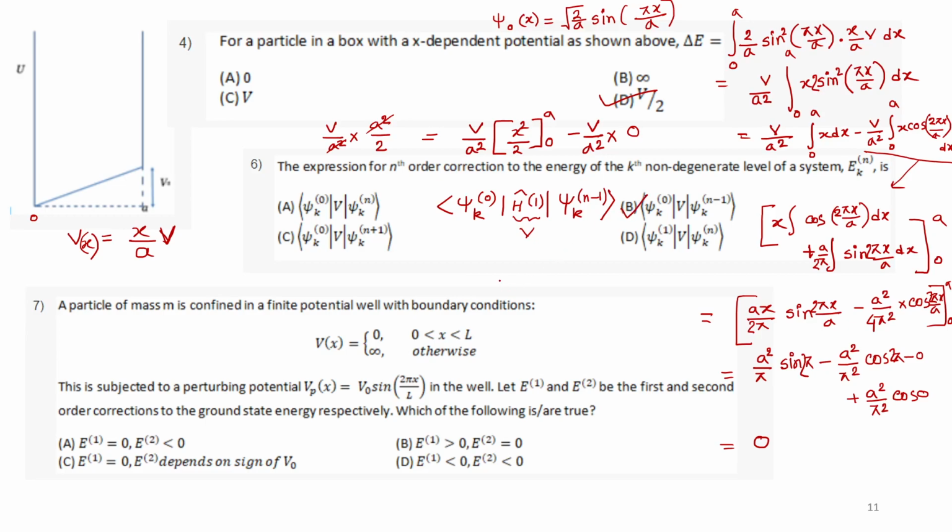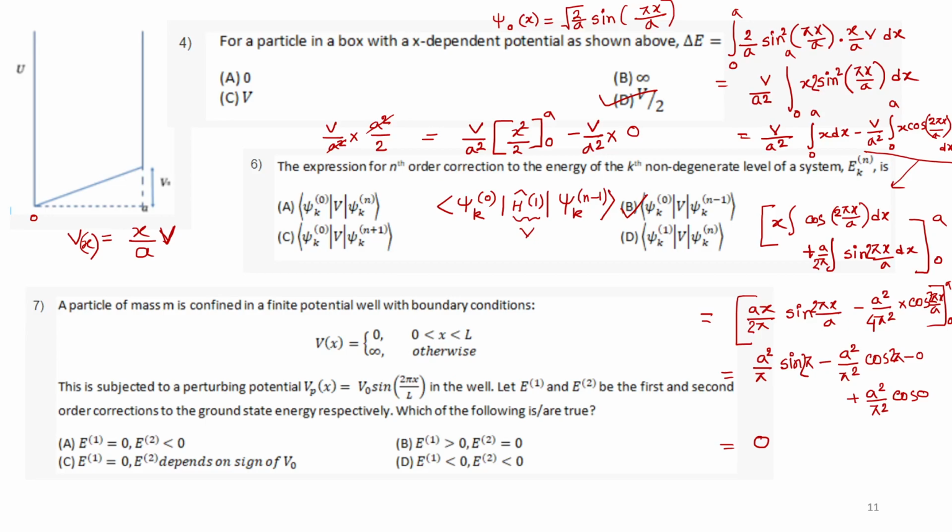Okay. What about question number 7? Question number 7 says that a particle of mass m is confined in a finite potential well with boundary conditions that are given. So first is same as particle in a box.